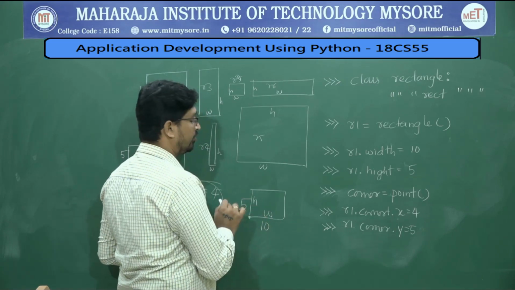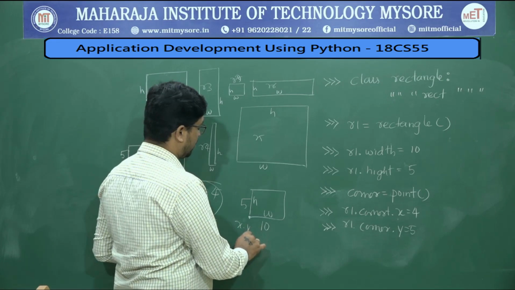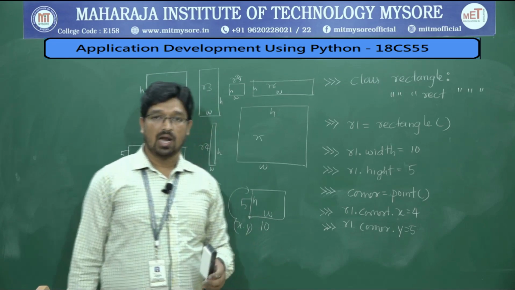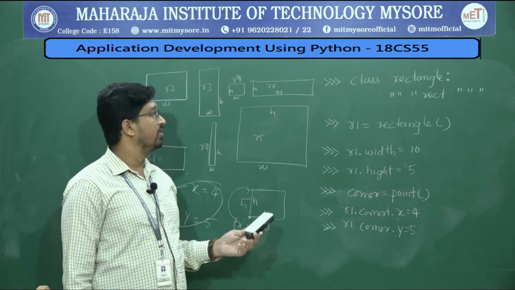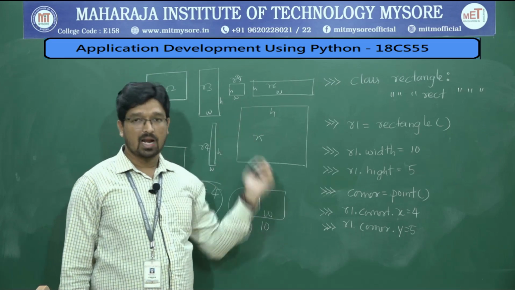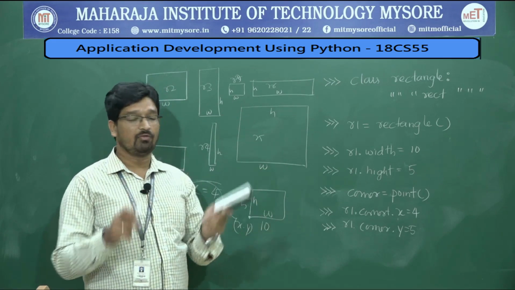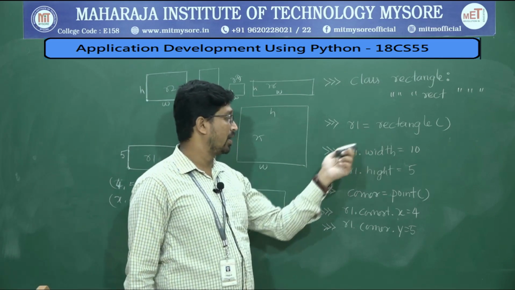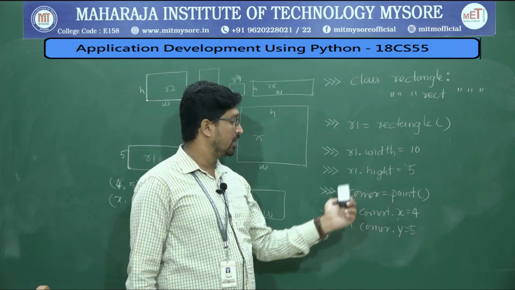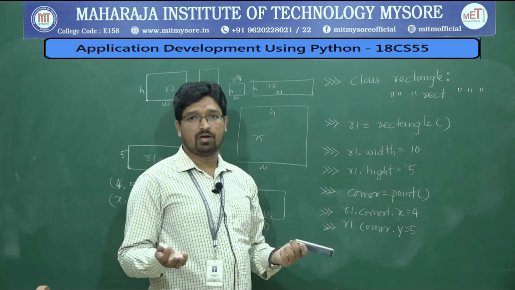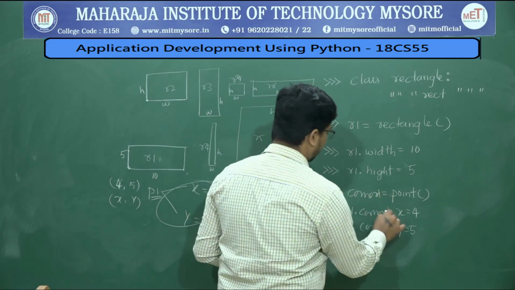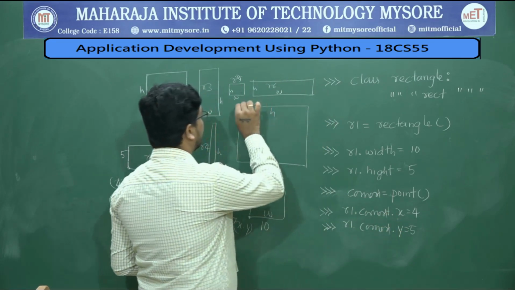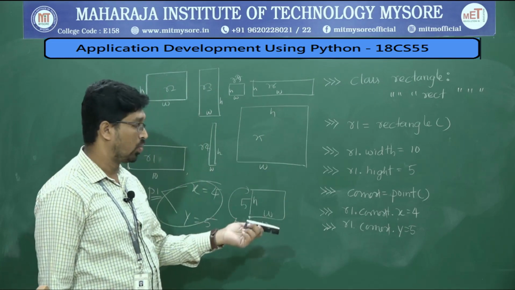Then I have corner information which is x comma y, which belongs to the point class. So this is how we make use of a class to store rectangular information. The same way you can create other rectangular information also. You can consider R2 rectangle, R2 dot width, R2 dot height, and again the corner is different obviously. You can consider this as corner 1, and in the same way corner 1 dot x, corner 1 dot y.